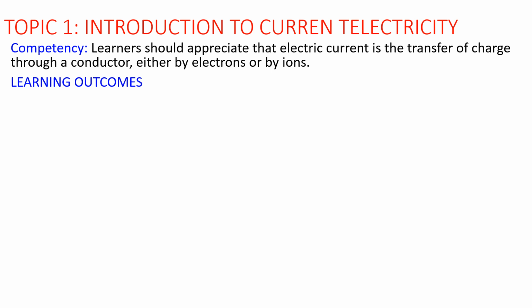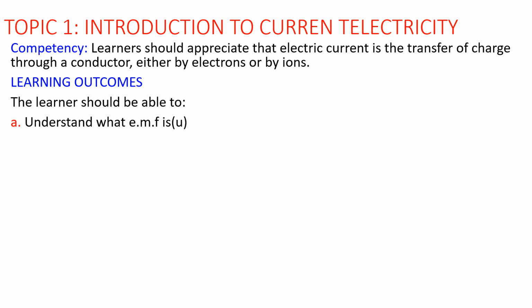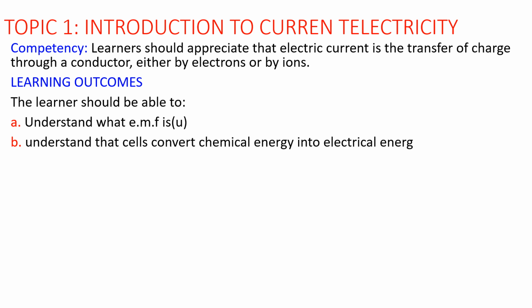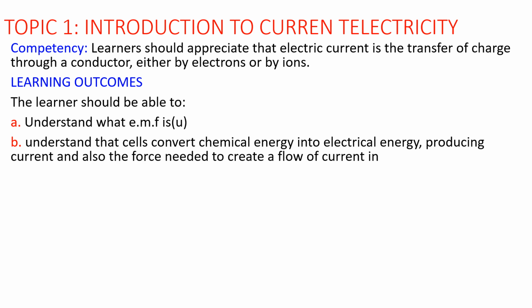Learning outcomes, or the objectives. By the end of this topic, the learner should be able to: one, understand what EMF is, electromotive force. Two, understand that cells convert chemical energy into electrical energy, producing current, and also the force needed to create a flow of current in a circuit, the EMF.